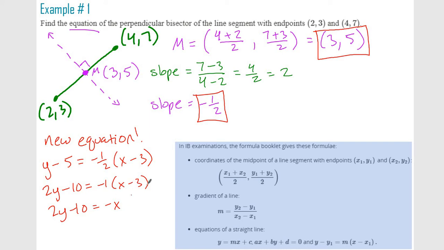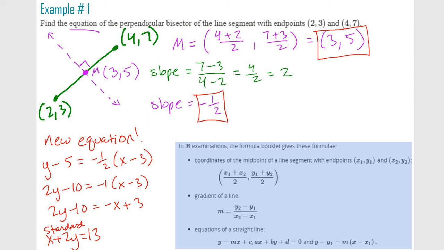It did just say specifically the equation, but I'll ask you something more specific. So let's see, plus 3. Standard form would be x plus 2y equals 13. So this is standard.